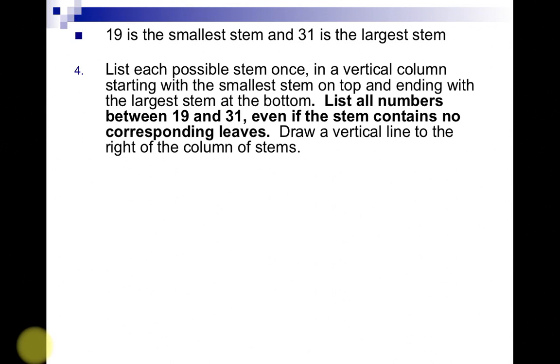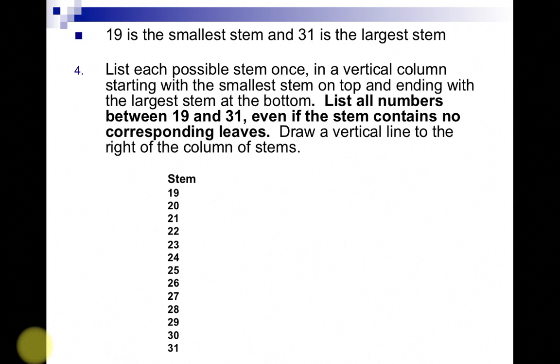We draw a vertical line to the right of the column of stems. So this is what you should create: a single vertical column of two-digit numbers beginning at 19 and ending at 31. These are considered the stem.